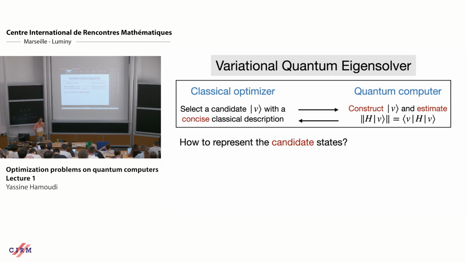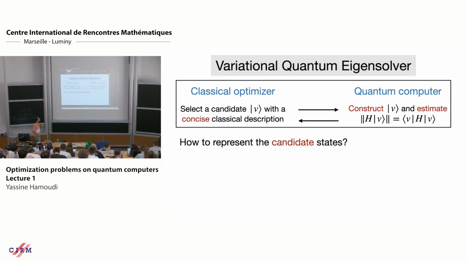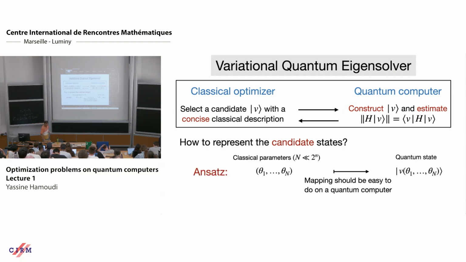So this is just a high-level description. Now let's go into the details. The important question to address is what should be the concise description of a candidate state, and how to represent such a state. This is going to be about finding what is called an ansatz.